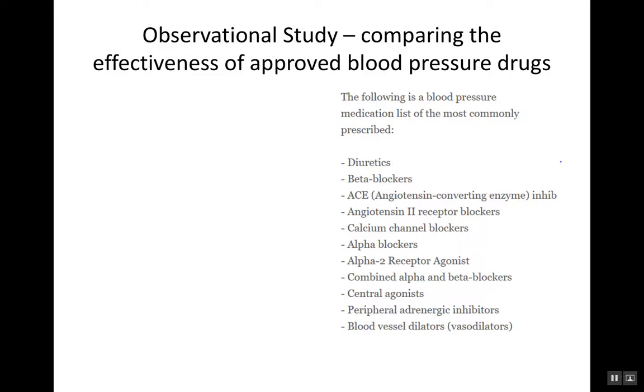So there are other types of studies that are becoming popular, and it's important to know what the difference is. These are called observational studies rather than controlled studies. Let's say that we want to compare again the effectiveness of approved blood pressure drugs. So you have a lot of different types of drugs here.